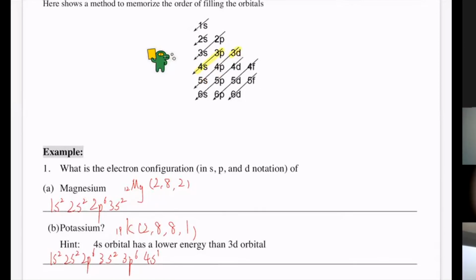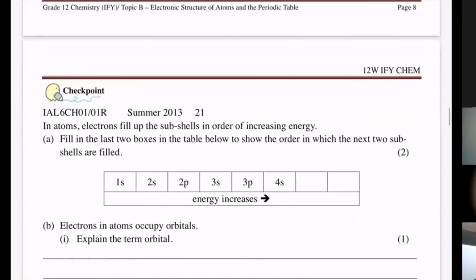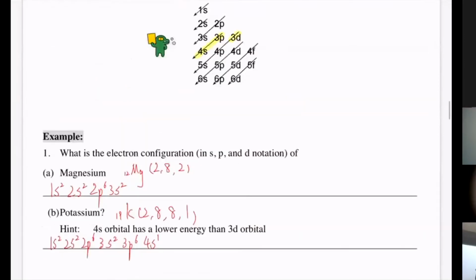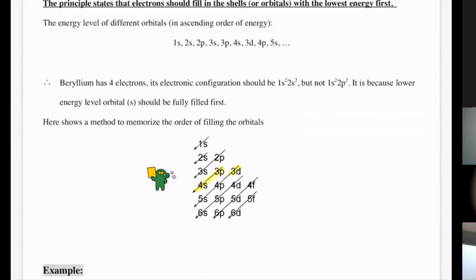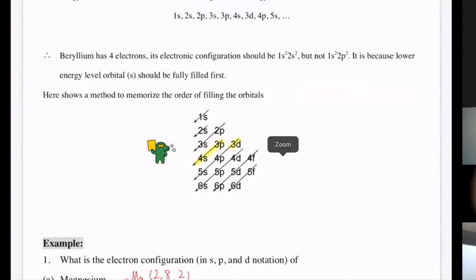So the correct answer for this one should be 3d and 4p. So here, let's fill in 3d and 4p. This diagram is very important, so later spend some time to memorize it.